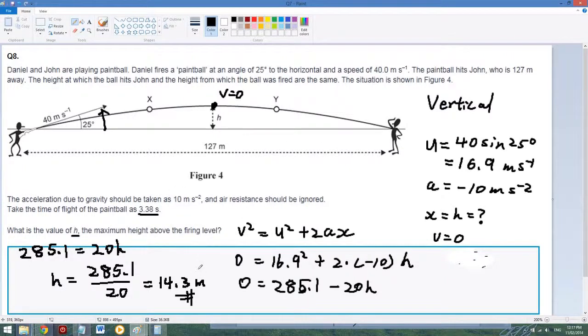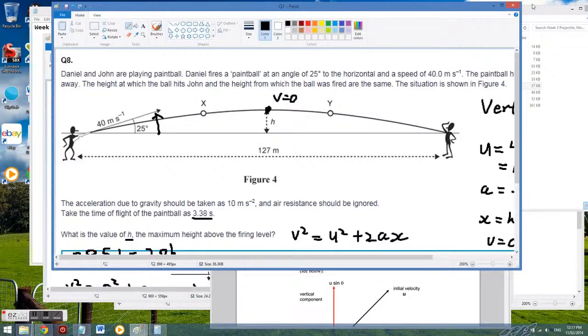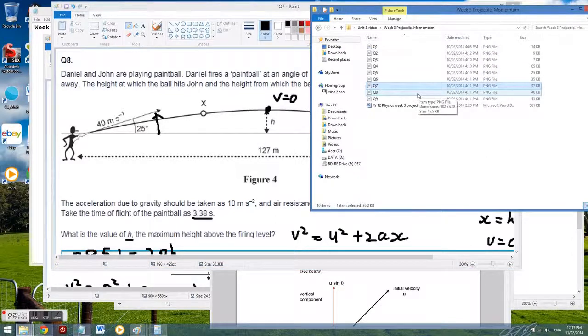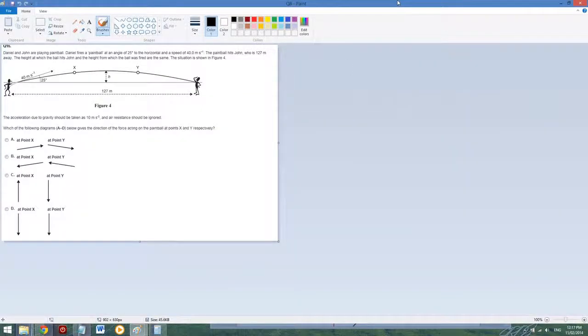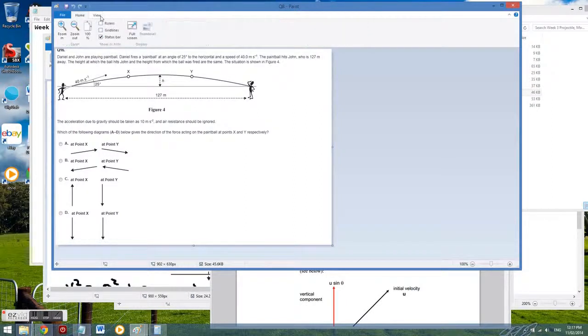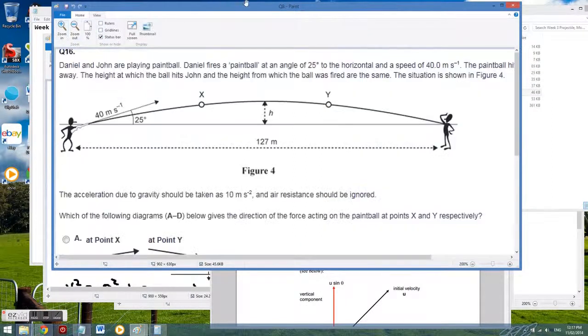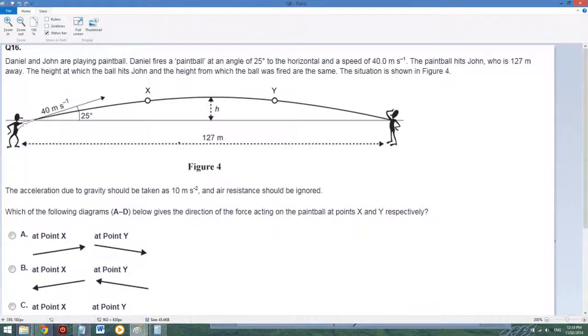Let me do it here. Okay. Now 285.1 equals to 20h. Okay. My height must be 285.1 divided by 20. Okay. So this answer divided by 20.